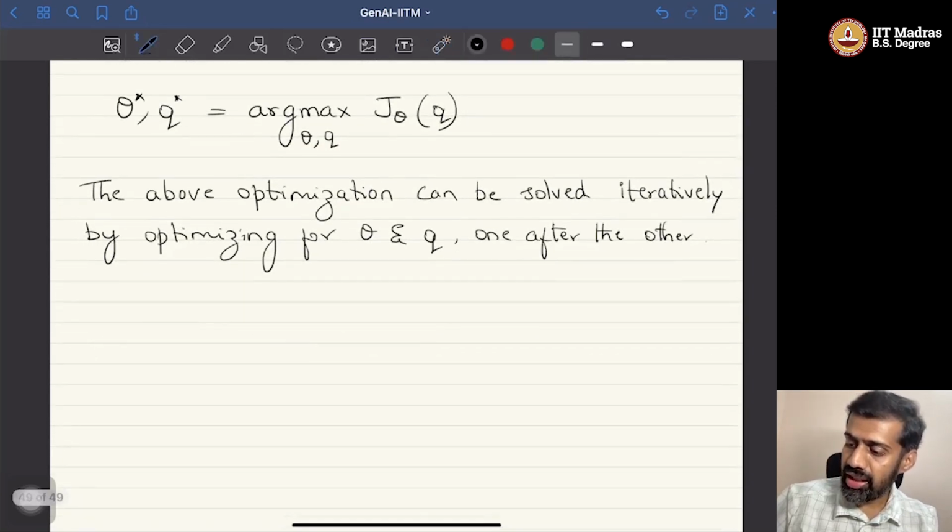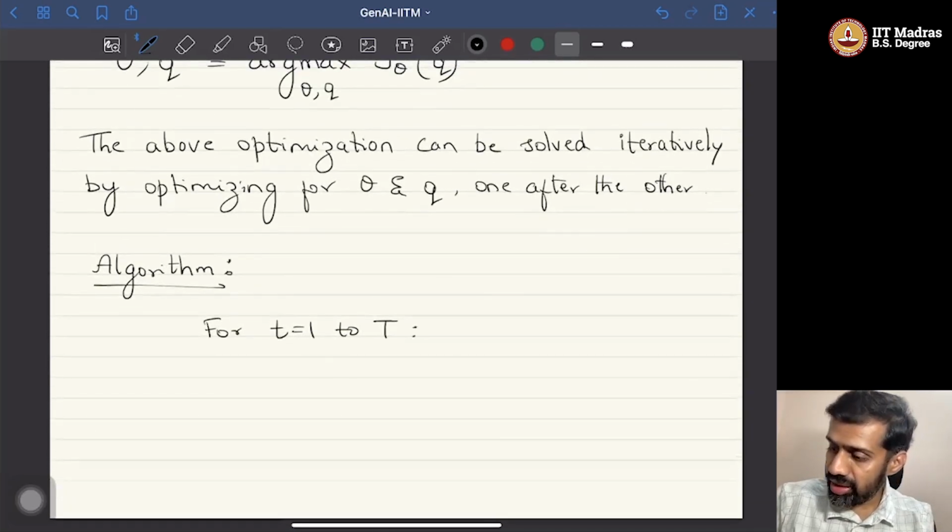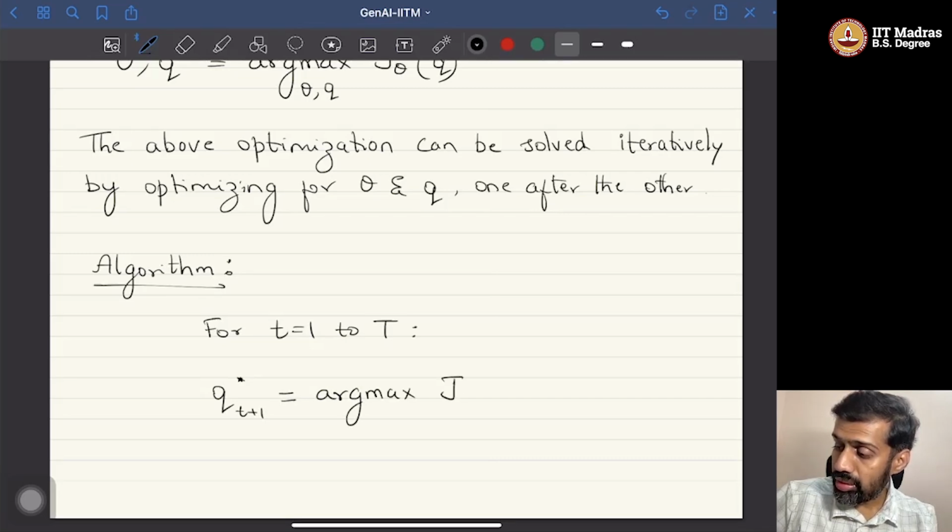Here is the iterative algorithm to do that. For t from 1 to some capital T, which is the iteration number, we first find q t plus 1, which is the estimate for the latent posterior at the t plus 1 estimate, to be the maxima of the ELBO.